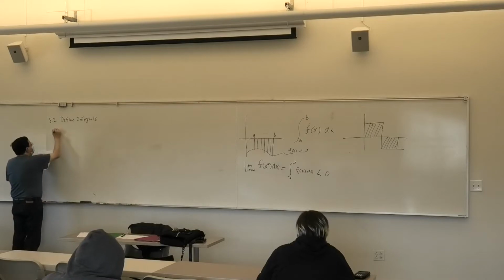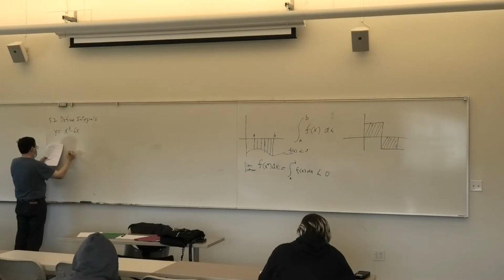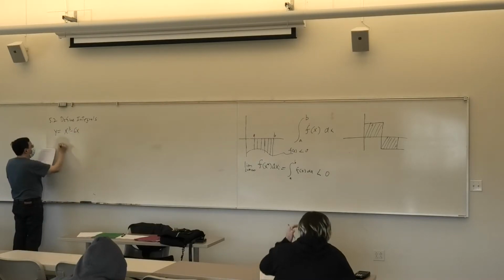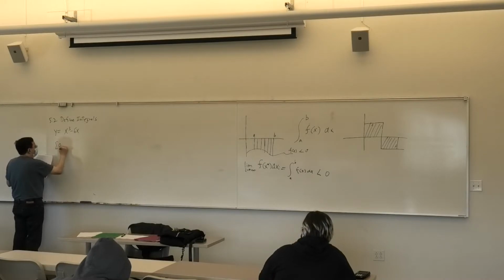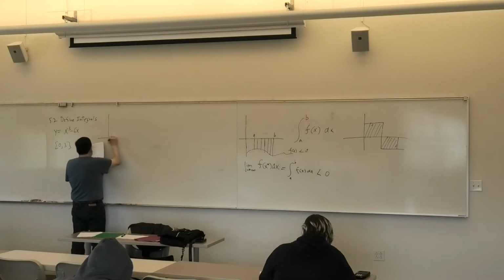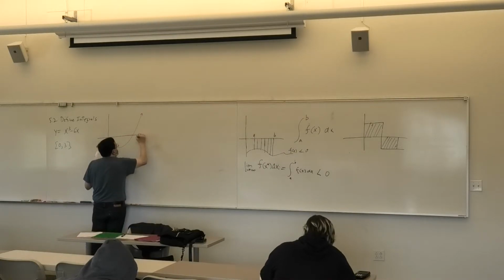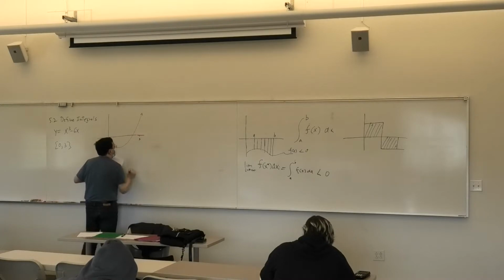Let's take the function y equals x cubed minus 6x, and let's evaluate it from the interval 0 to 3. It'd be useful to see what that looks like. Kind of like this. 3 is over here somewhere.